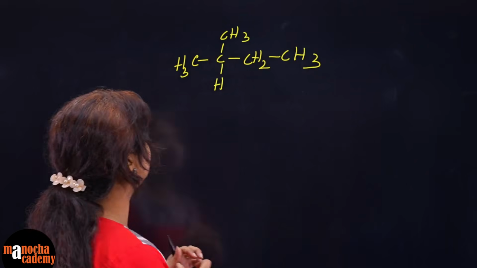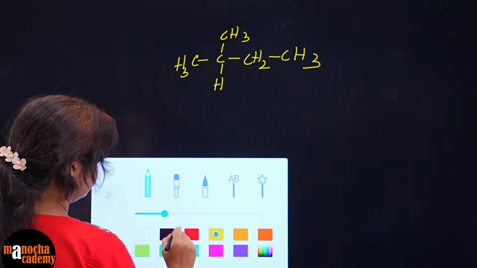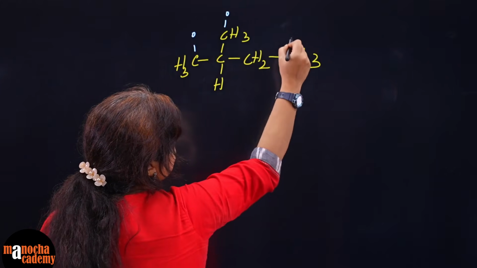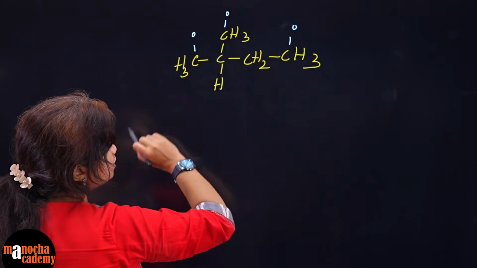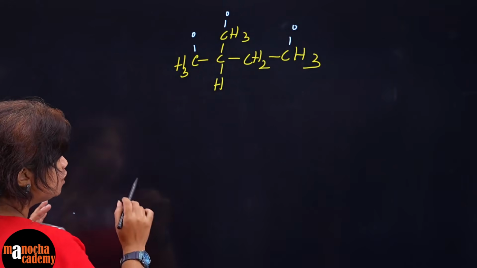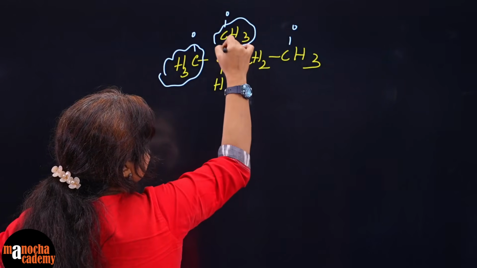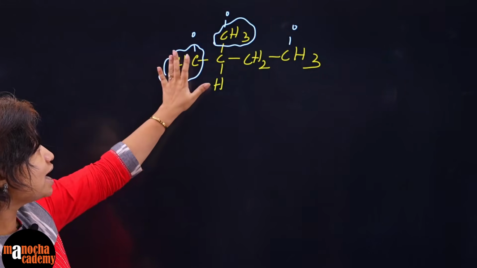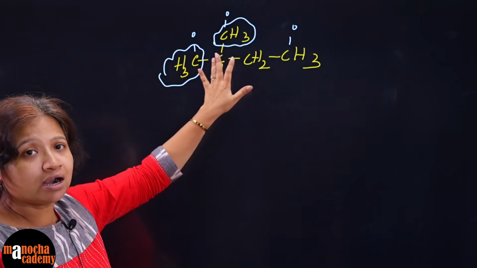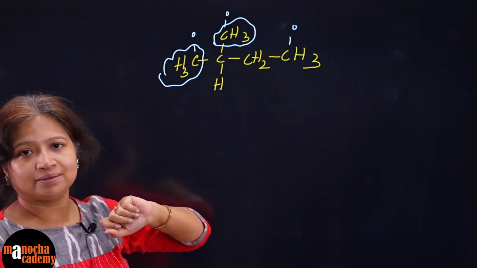Now, for example, this is 1 degree, this is 1 degree, as well as this is also 1 degree. But you see that these three 1 degrees are not of the same type. Why not? Look here. This methyl and this methyl are one type, because this methyl is bonded to a carbon, which is bonded to hydrogen, ethyl and methyl.